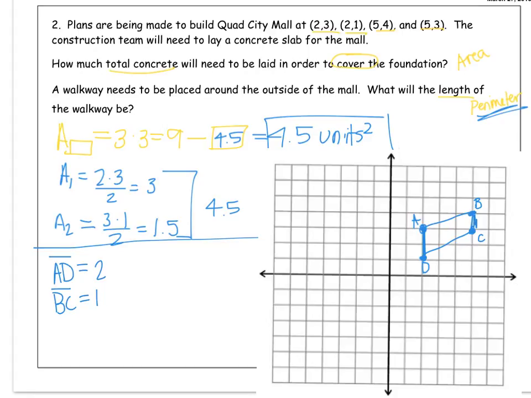So now I need to find the length of AB, which is going to be the square root of 1 squared plus 3 squared. So 1 squared plus 3 squared gives me this length right here. So that's 3.16. And then DC is going to be the square root of 3 squared plus 2 squared.